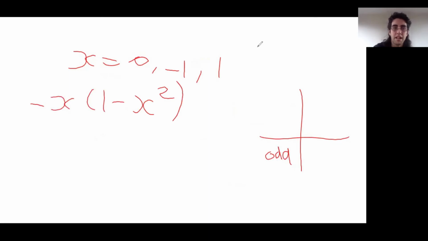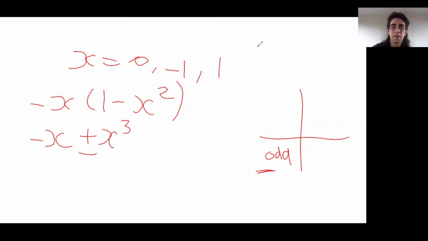If we expand that, we get minus x and then plus x cubed. What you'll notice is that the highest degree of x is 3, so it's a cubic function. But the sign before that is positive. So since it is positive, we're going to be starting from this lower quadrant here.